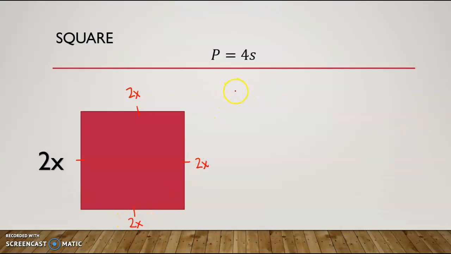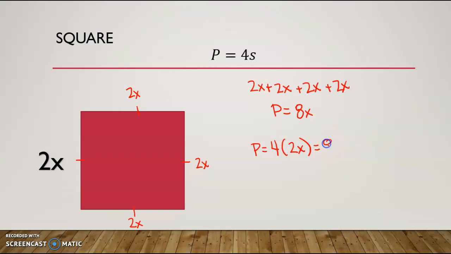So if I added up all my sides, I would have 2x plus 2x plus 2x plus 2x, which would be 8x. I could also use this formula that says the perimeter is 4 times the side length, which is 2x, and also get 8x.